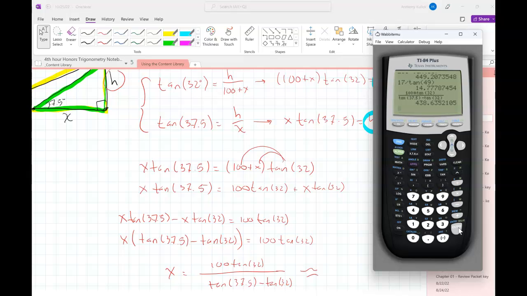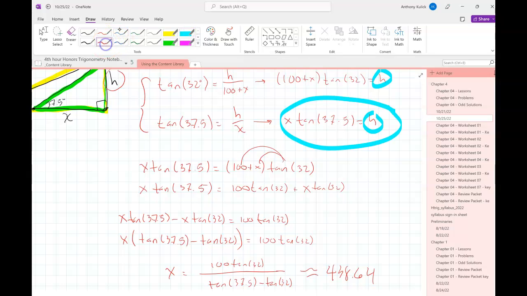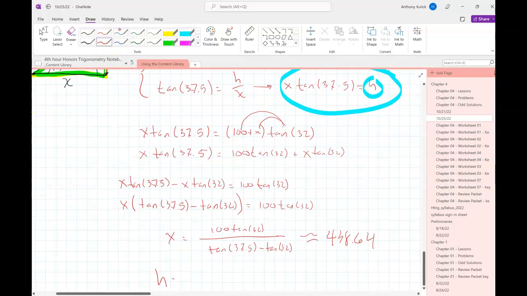So x is 438.64. Then I can take this. So h is equal to 438.64 times tan 37.5.